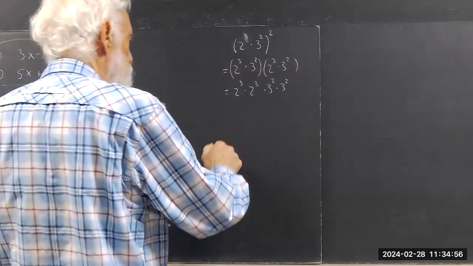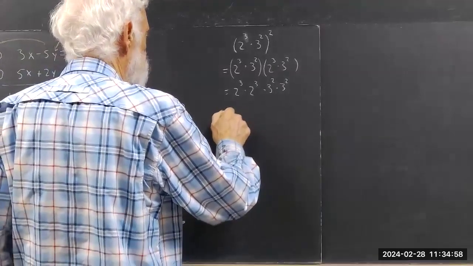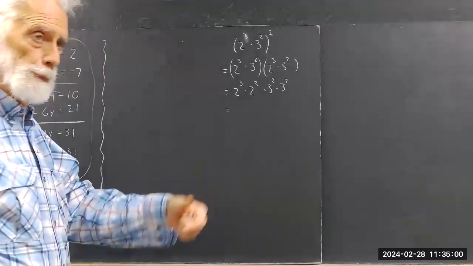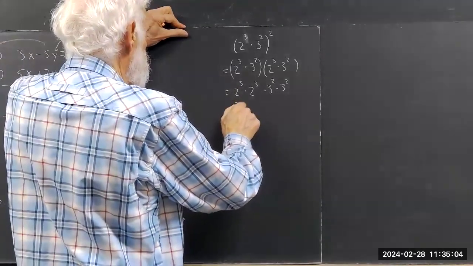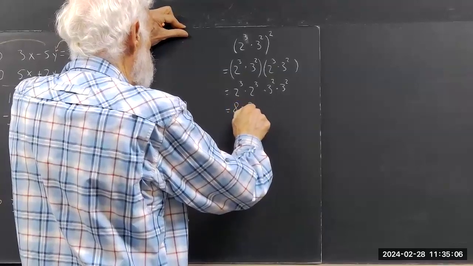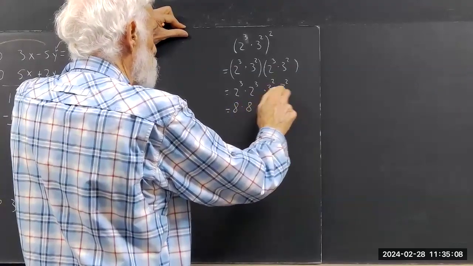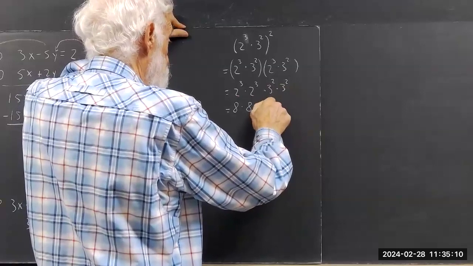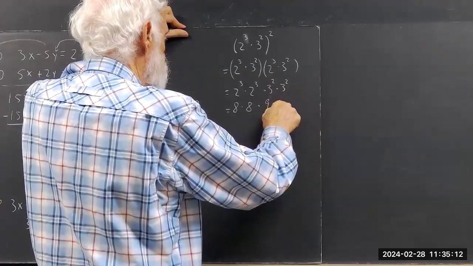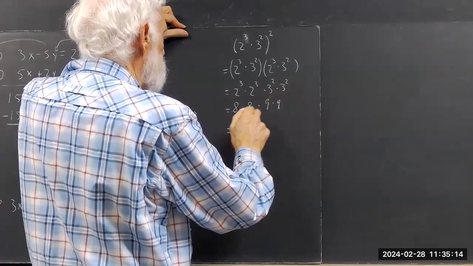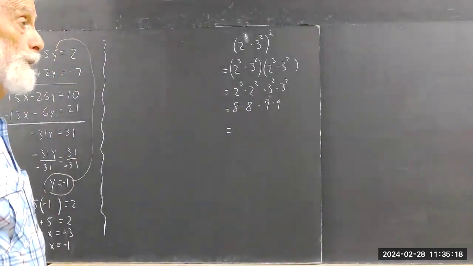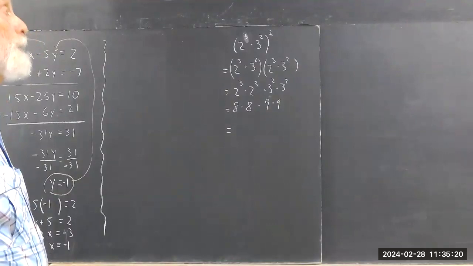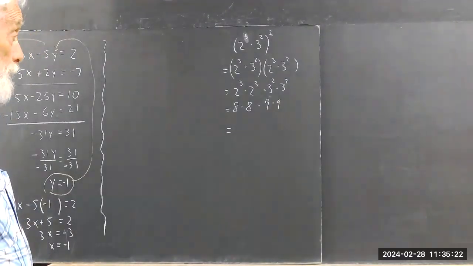There are a lot of ways to write this out. Well, 2 cubed is 2 times 2 times 2. You should easily be able to figure out that that's 8. And 3 squared is 3 times 3, that's 9. Now all you got to do is multiply 8 times 8 times 9 times 9. Well, that's 72 times 72. I'm just doing this in my head now.